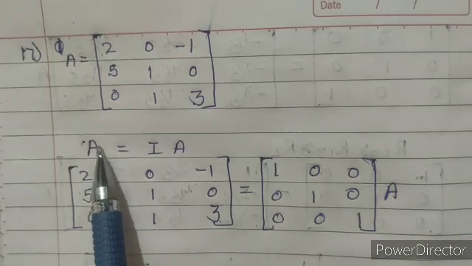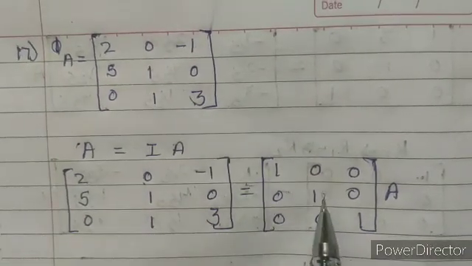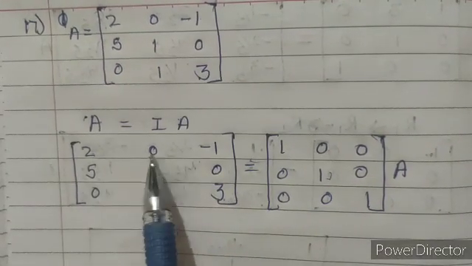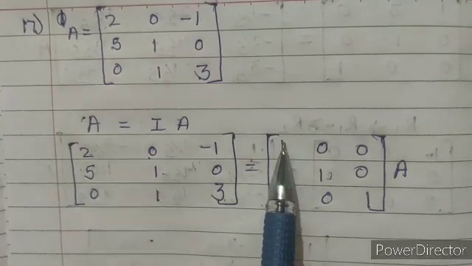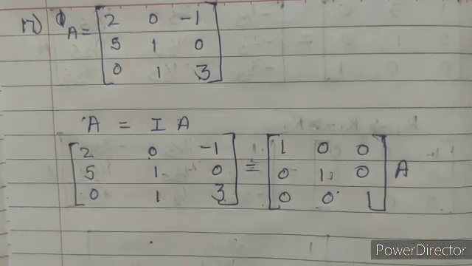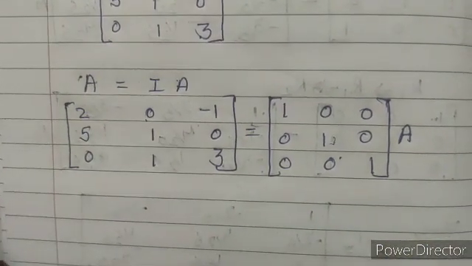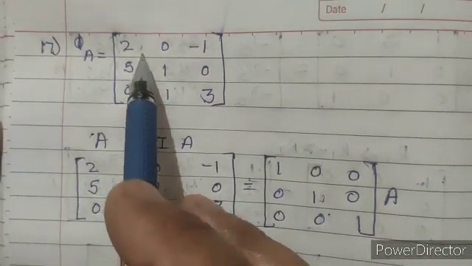Now on taking A equal to IA and putting the value of A and identity matrix, we are getting the matrix as 2 0 minus 1, 5 1 0, 0 1 3 is equal to identity matrix of order 3 by 3 into A. Now first of all we will use the pattern.